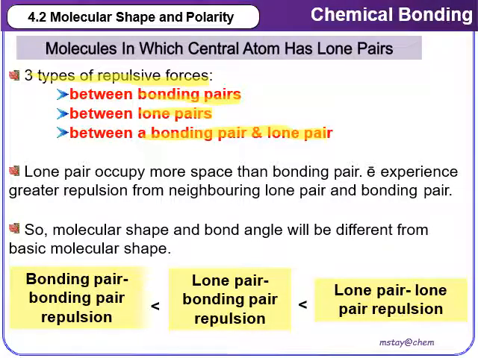As we already got some idea in the earlier part, lone pair electrons occupy more space because their repulsion is stronger. Because of this, the molecular shape and also the bond angle will be different from the basic molecular shape. So the strongest repulsion is between lone pair electron and lone pair electron.